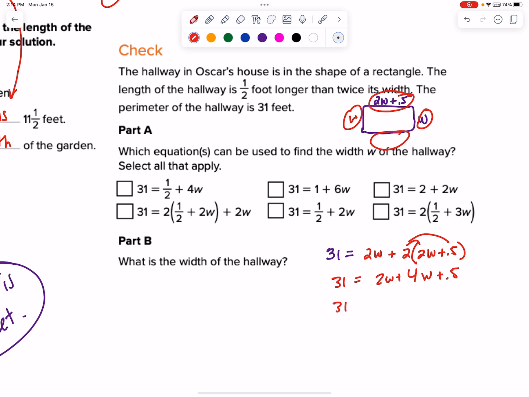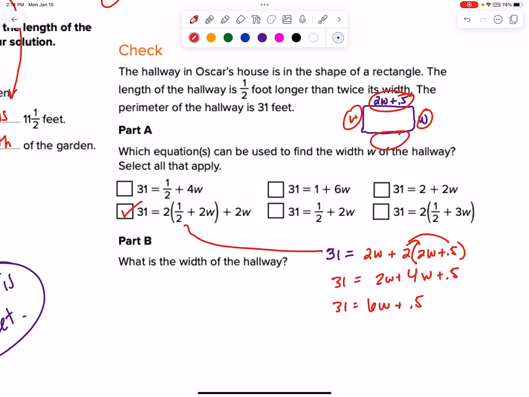Combine like terms. 6W plus 0.5. Oh, there's a 1/2. I think this one matches, right? There's our 2W plus 2 times 2W. So this one works. Do we have any others that match this? I don't see a 6W plus point.